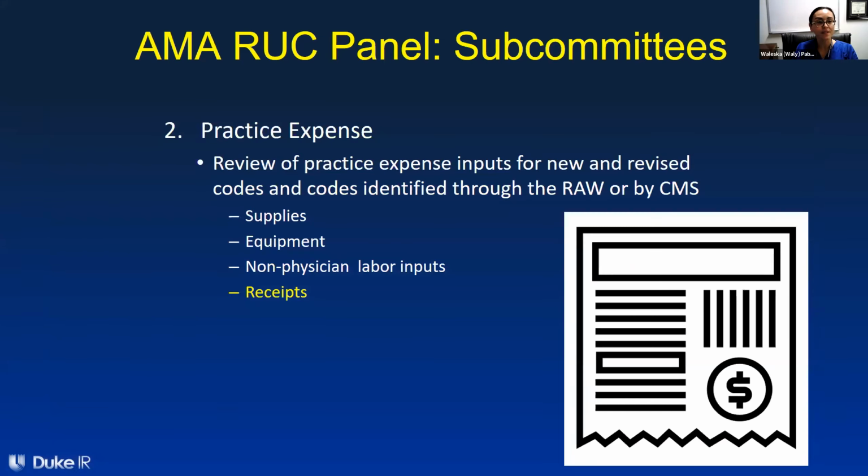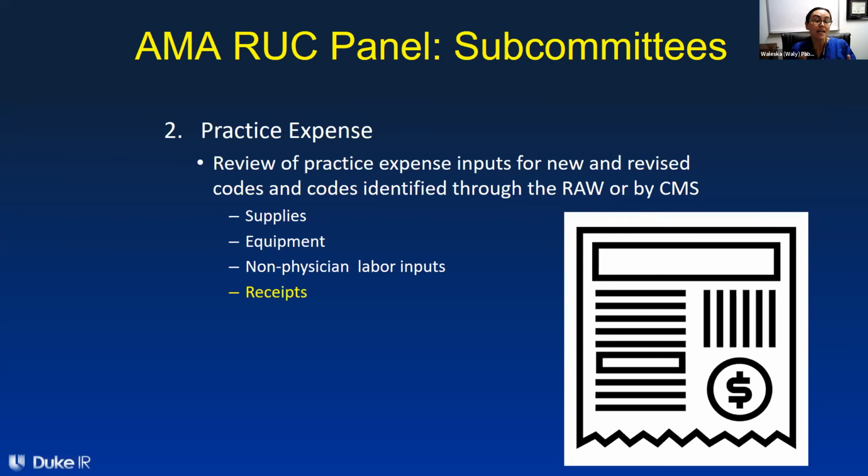The second subcommittee of the RUC panel is the practice expense subcommittee. That committee is chartered with reviewing practice expense inputs for new and revised codes and codes identified through the RAW or by CMS. Practice expense inputs include the cost of supplies, the cost of equipment, and non-physician labor inputs.